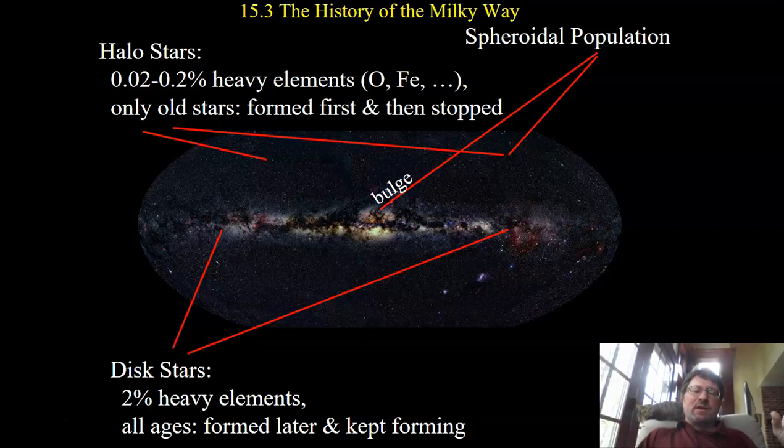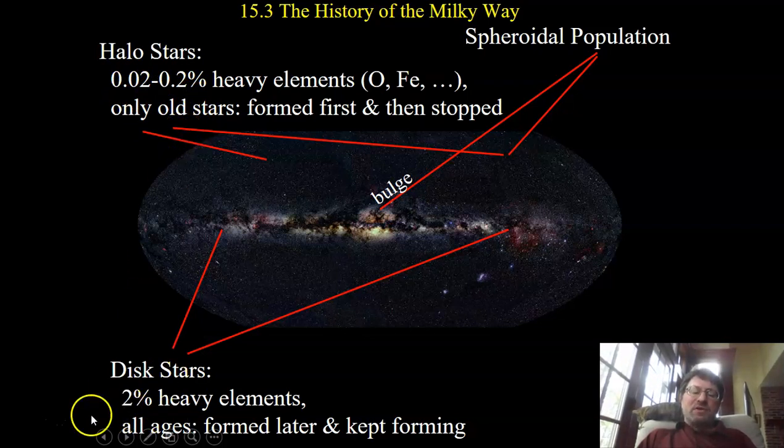Having been some of the first formed stars, the gas clouds from which they formed had not yet been polluted by heavier elements from supernovae and so on, at least not to a significant degree. And so their heavy element abundance is something like 0.02% up to 0.2%, somewhere on the order of 0.1%.